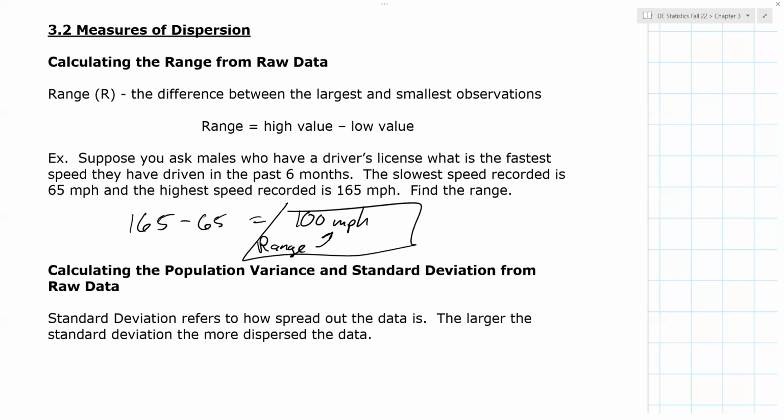The fact that the range is 100 miles an hour, that's a huge spread of data for a car speed. So range, while it does give us some useful information, isn't a very good measure because it necessarily depends on how big your original data set was, and your range doesn't take that into consideration.